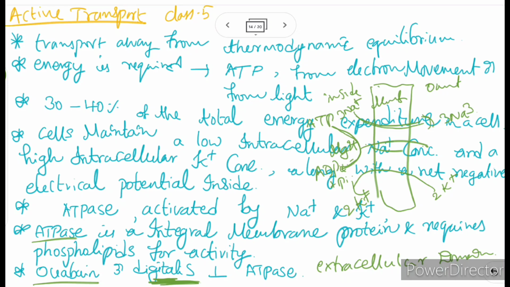The Na plus and K plus ATPase pump moves 3 Na plus ions from inside the cell to the outside and brings 2 K plus ions from the outside to the inside. Every molecule of ATP is hydrolyzed to produce ADP. It is a membrane associated ATPase.